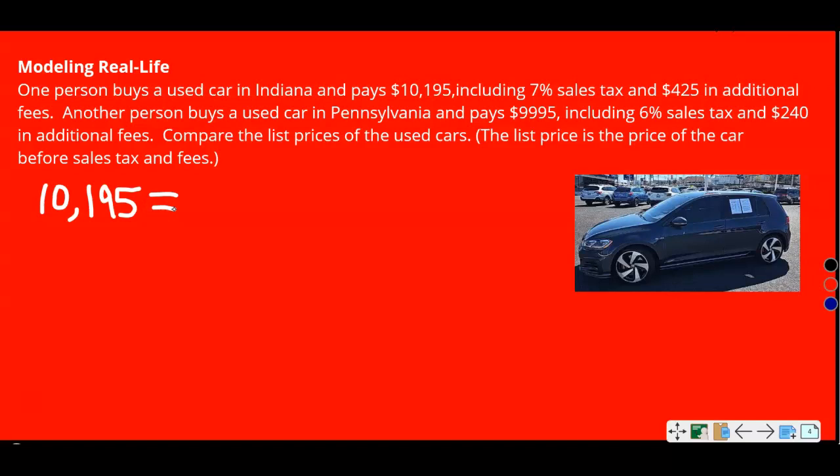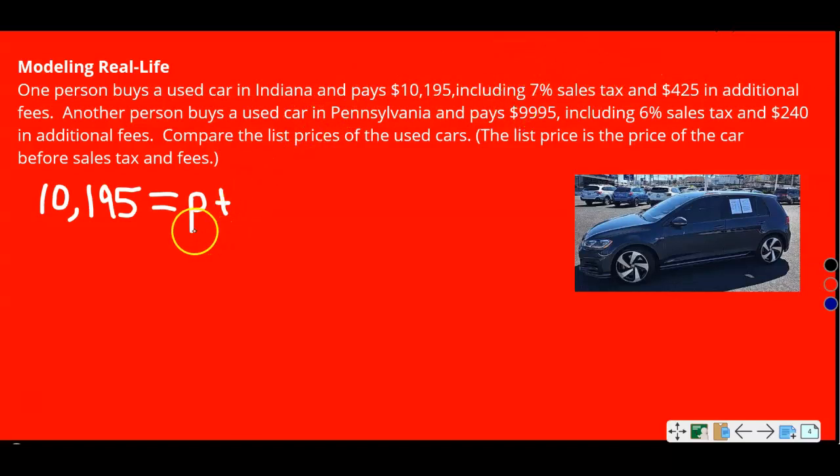Now, where did that amount come from? First, it came from the total price of the car, which it says compare the list price. That's what we're trying to find at this point. We don't know the price of the car yet, but it's the price of the car plus sales tax. How do you know how much 7% sales tax is?